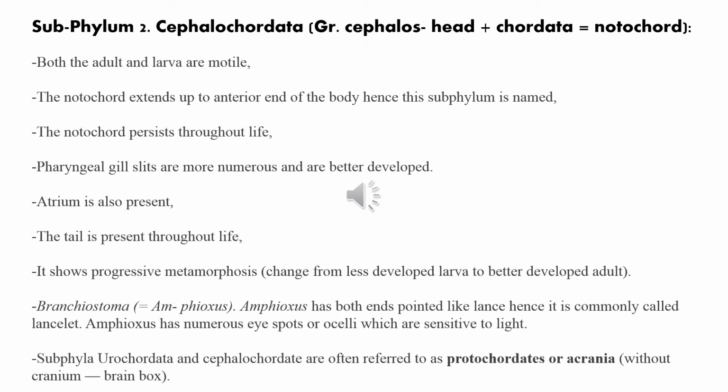Why do we call it lancelet? Because it has pointed ends, both anterior as well as posterior end of this organism is pointed. Subphyla Urochordata and Cephalochordata are often collectively termed protochordates or Acrania. Why is it called Acrania? Because here there is no brain box or cranium.